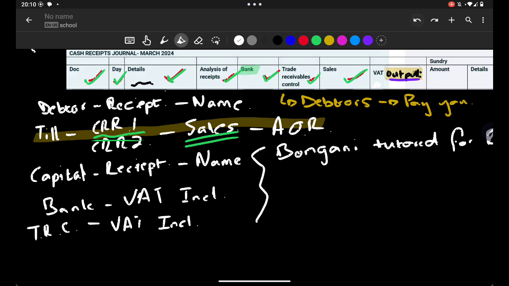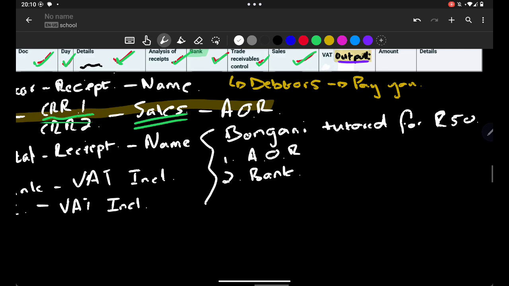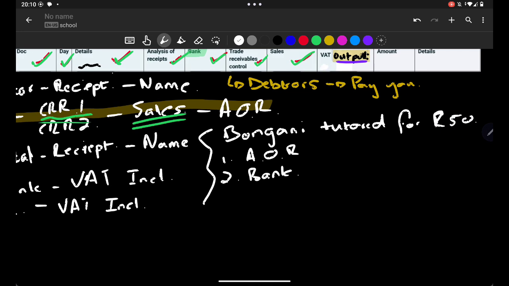First account that's going to be affected is analysis of receipts. Number 2, bank. Remember, you're receiving money. I conducted the tutoring lesson, someone paid me, I gave them a receipt, hence I also have analysis of receipts.